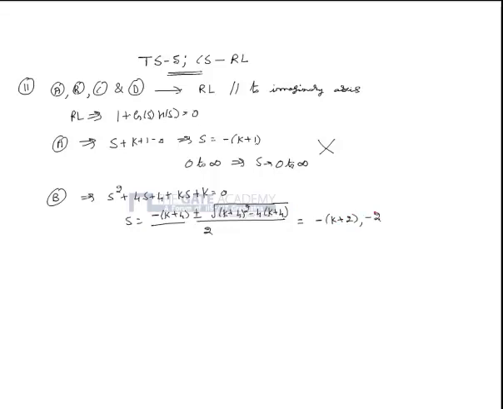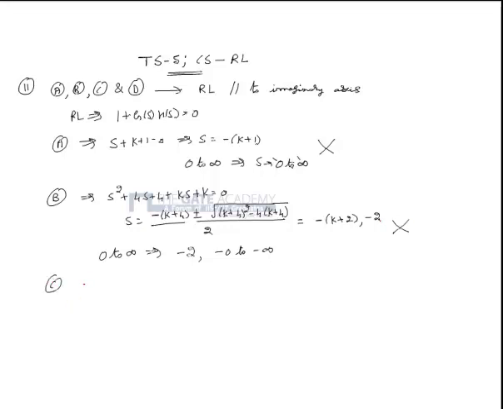So as k is varied from 0 to infinity, one pole is at minus 2 and the other pole varies from minus 0 to minus infinity. Here also the pole varies from minus 0 to minus infinity. So option B is also not the correct option.